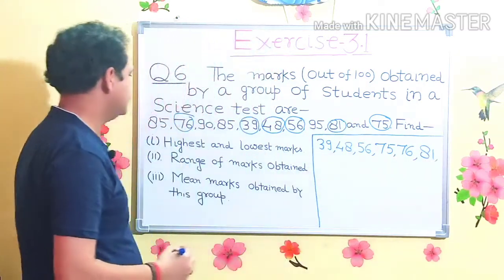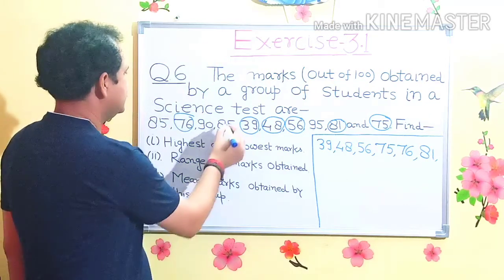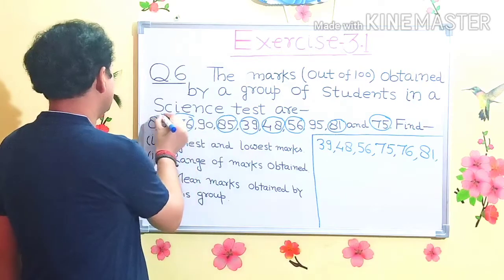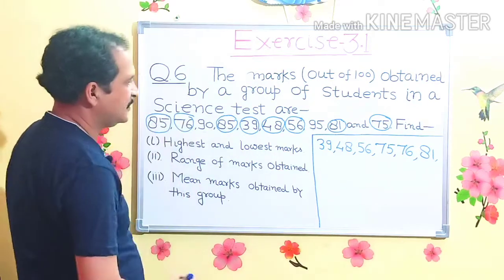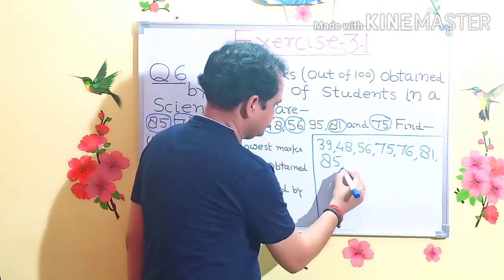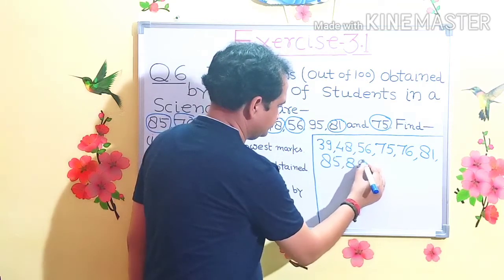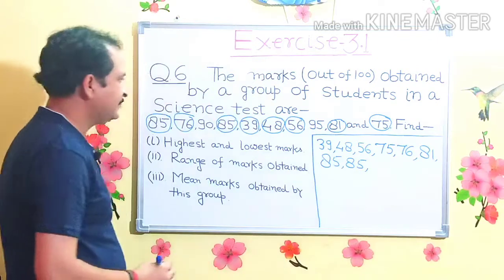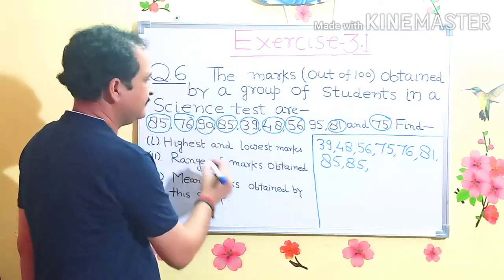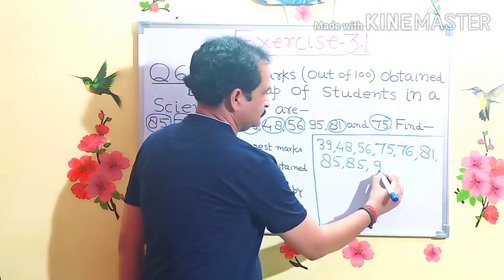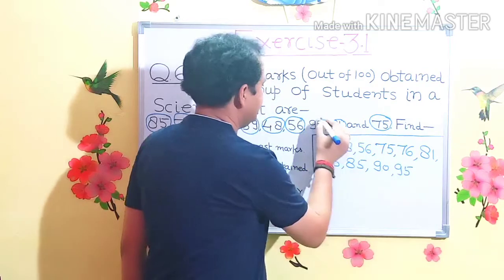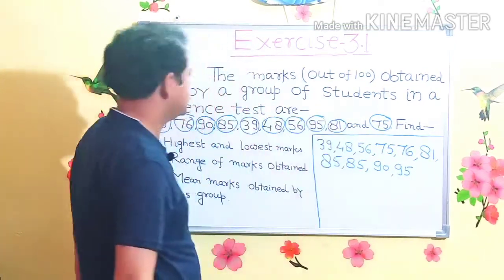After 81 the next lowest mark is 85, and there are 2 students who secured 85 marks. Then after 85 it is 90, and then it is 95.